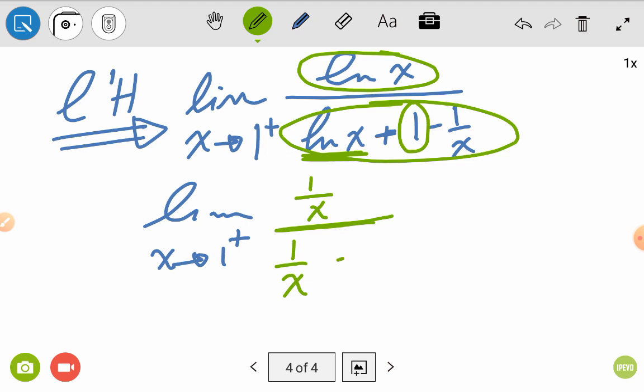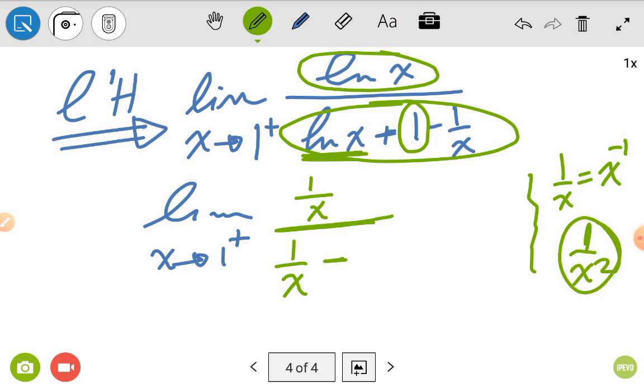And the derivative of 1 over x, what's the derivative of 1 over x? It's x to the power of negative 1, and then the derivative is 1 over x squared, right? Yes, so it's a negative, and then it will be positive here, and 1 over x squared.